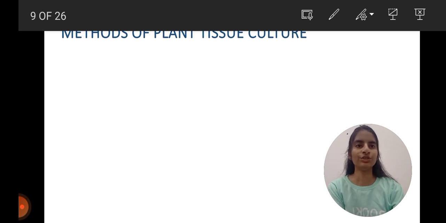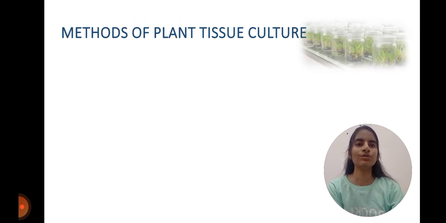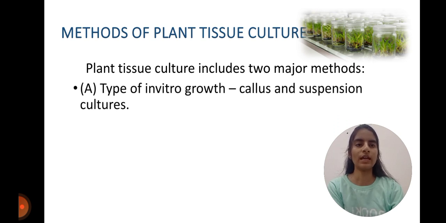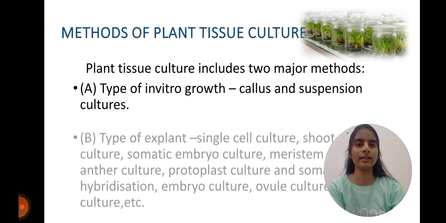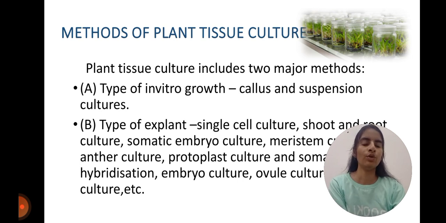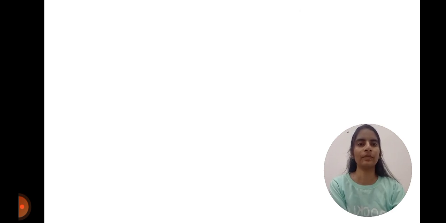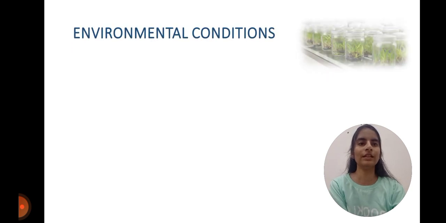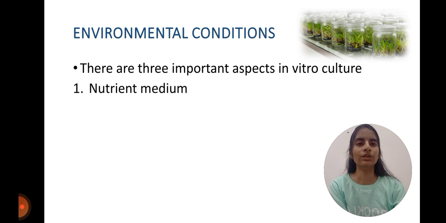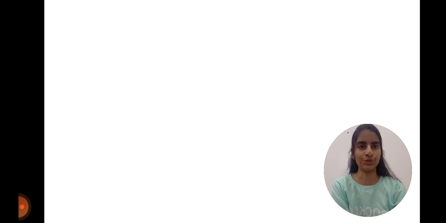Methods of plant tissue culture include two types: the type of in vitro growth, which has callus and suspension culture, and the type of explant, like single cell culture, shoot and root culture, and from the ovule, ovary, etc. The environmental conditions include three major aspects: the nutrient medium, aseptic condition, and aeration of the tissue.